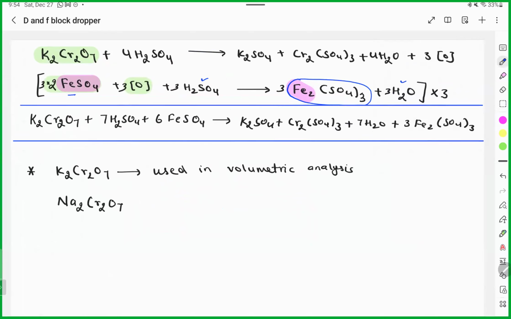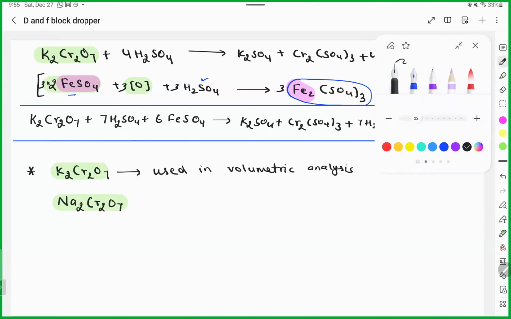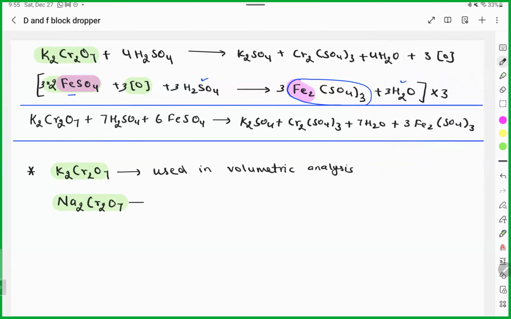So my question is, if K2Cr2O7 can be used in volumetric analysis, why can't Na2Cr2O7? Jordan, because Na2Cr2O7 is deliquescent in nature.